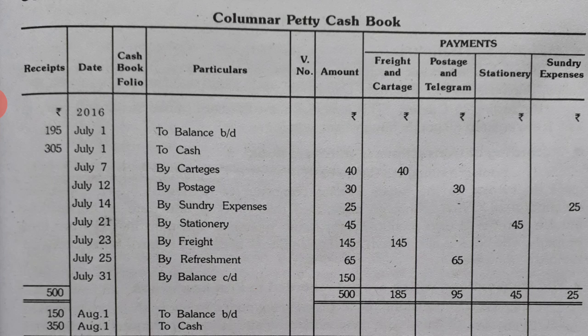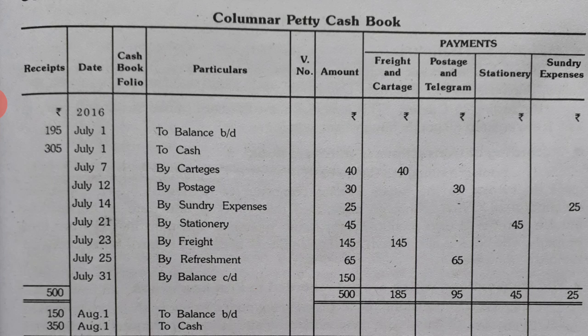First column is for received. Second is for date. Third, CB folio. Fourth, particulars. Fifth, voucher number. All these first 5 columns are as same as simple petty cash book. And what payments are made, they are written under different heads. Like freight and cartage of the same nature. Postage and telegram of the same nature.